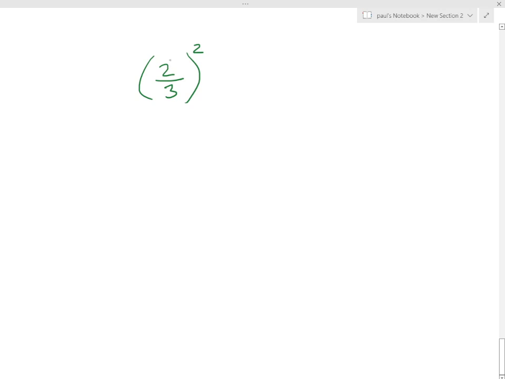We could call that a 1 and a 1. So we get 1 times 2. So we just put the 2 in with the number over 3 squared. That's 4 over 9.